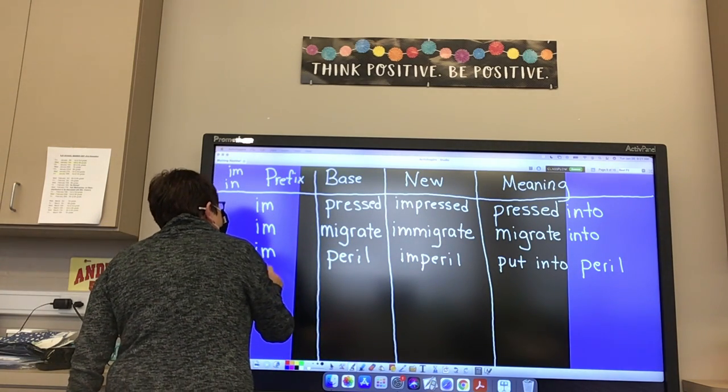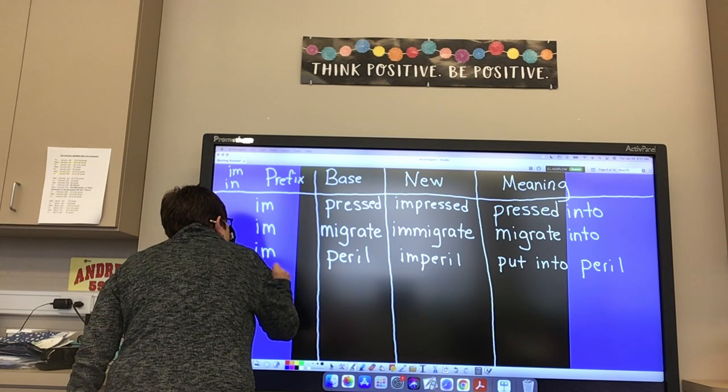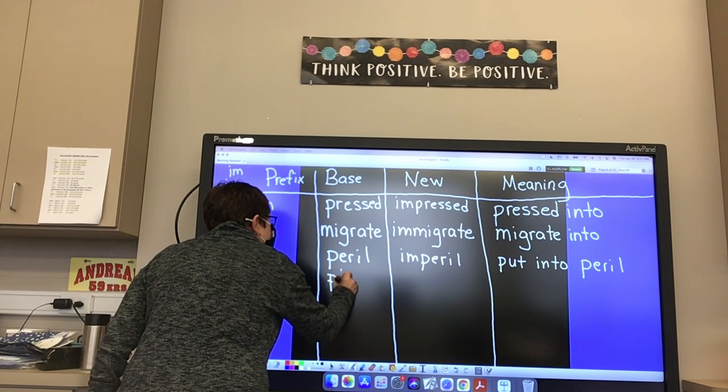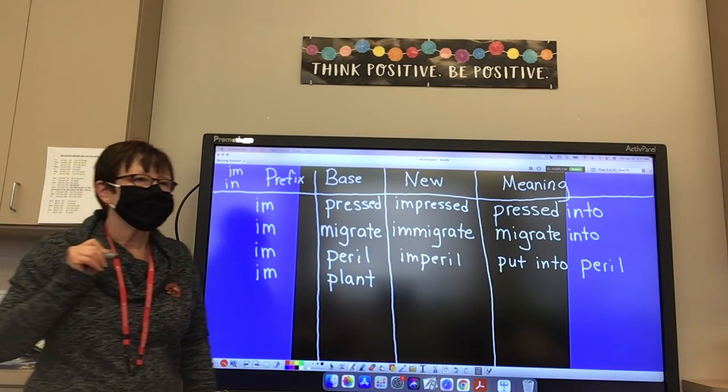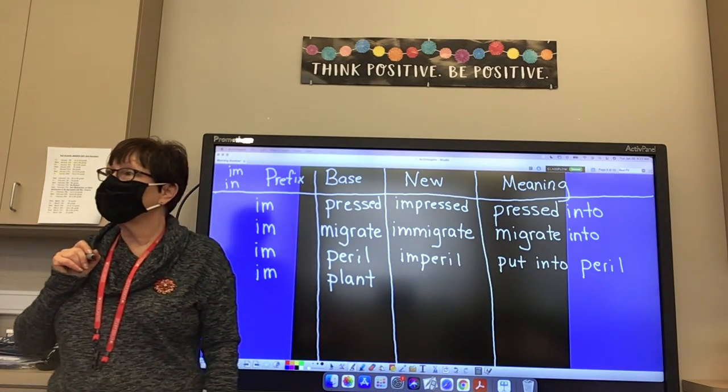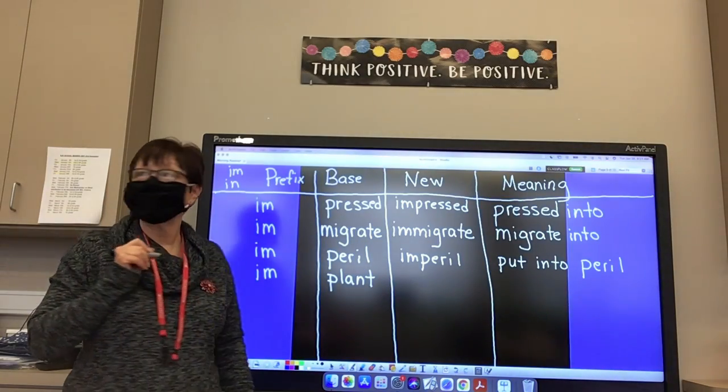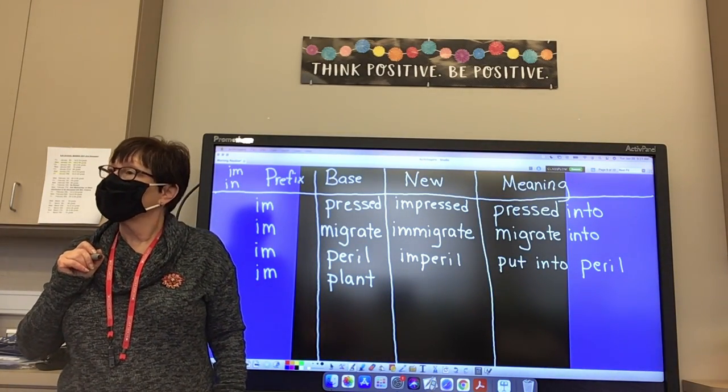Let's go on with this one. im plus plant. What do you think this one is, Thomas? Implant.